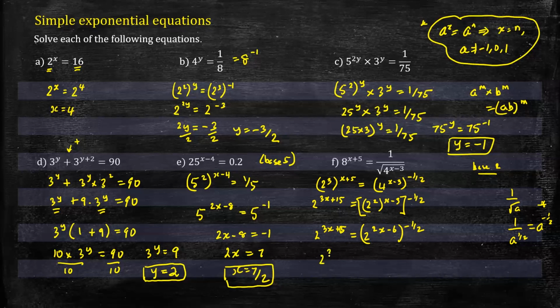So again, 2 to the power 3x plus 15 is 2 to the power negative x plus 3, since negative 6 times negative a half is 3. So now we have base 2 on both sides. So therefore, 3x plus 15 is negative x plus 3. Therefore, that would be 4x equals negative 12. And from that, we divide 4 both sides, and x will be equal to negative 3.